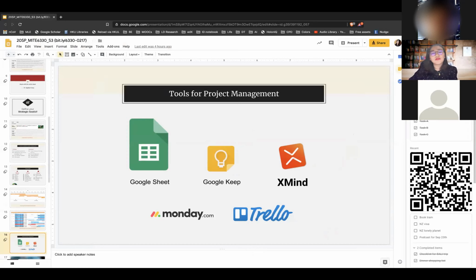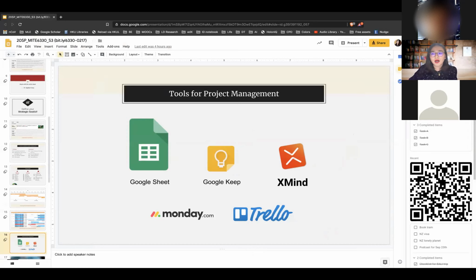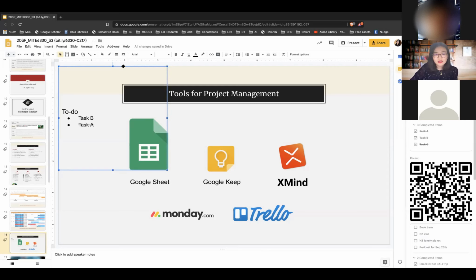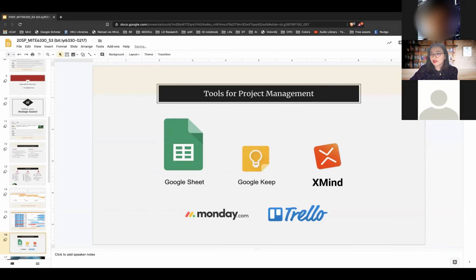Whoever finishes a task can tick the box. You can also input this into slides, so it is very easy to formulate your deliverable log and to-do logs. For me, this is one of the handiest tools that I really love.